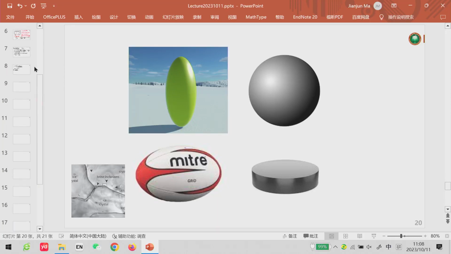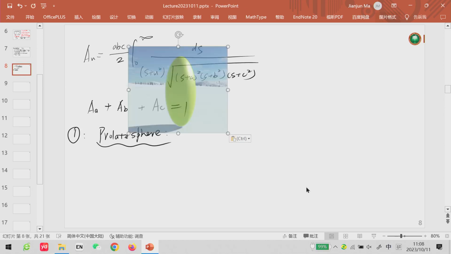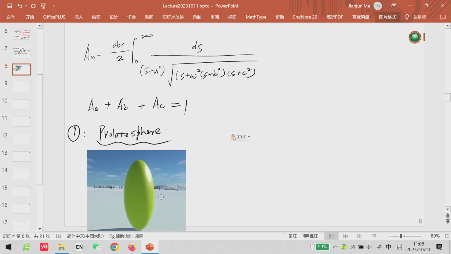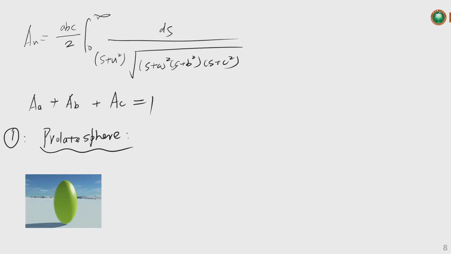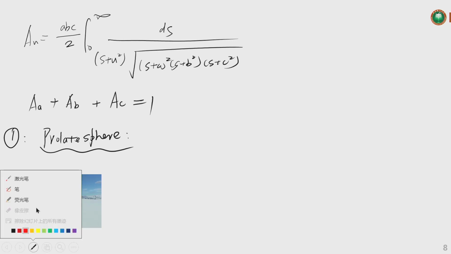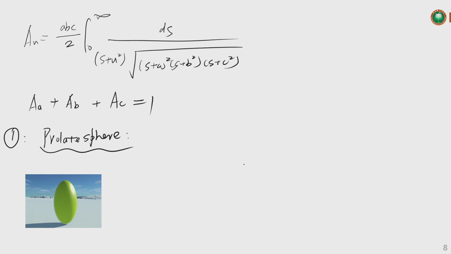So this is the plate sphere, like that. So this is 2C, all right? And 2A equals 2B.